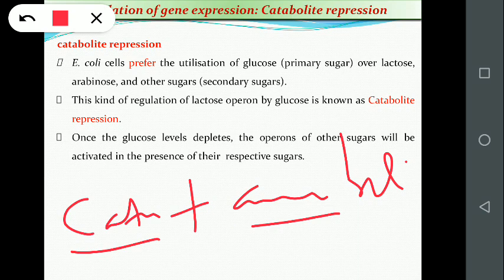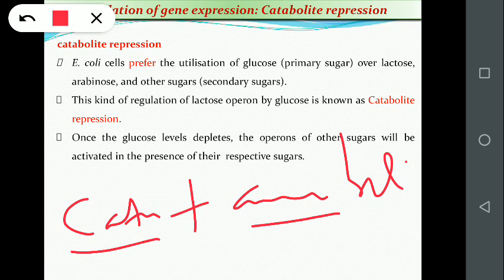Here, the main observation we have to make is, if we add both the sugars, glucose and lactose, to the medium at the same time, simultaneously, both energy sources, then which carbohydrate will be preferred as the energy source by the E. coli cell?